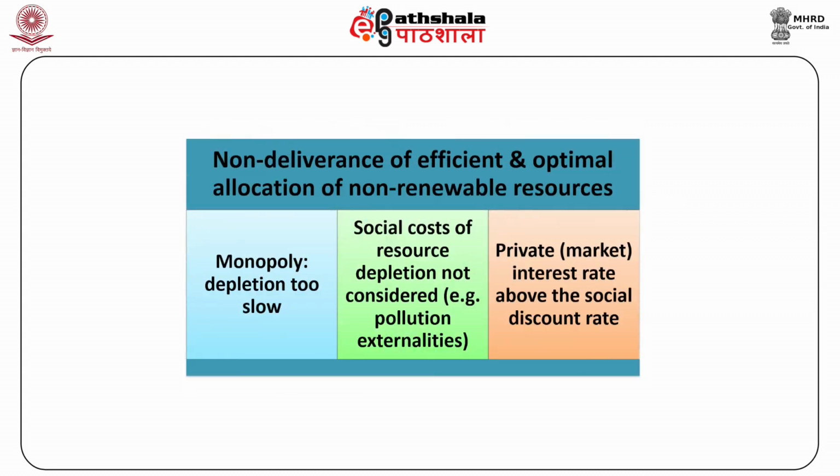A market economy will probably not deliver an efficient and optimal allocation of non-renewable resources because of monopoly, depletion too slow, or social costs of resource depletion not considered, for example, pollution externalities. Private market interest rate may be above the social discount rate.